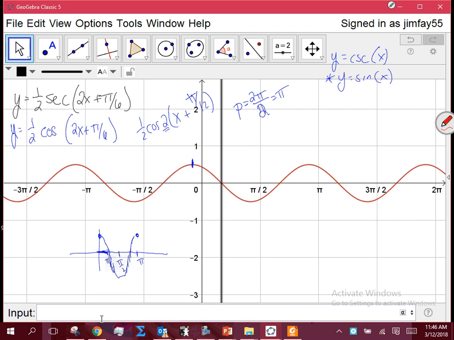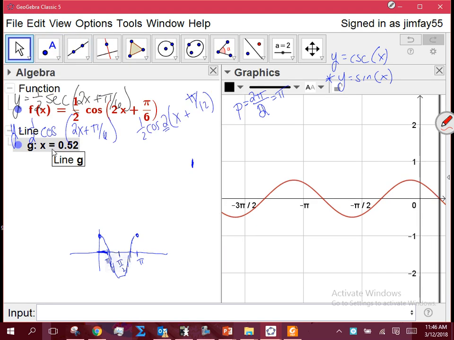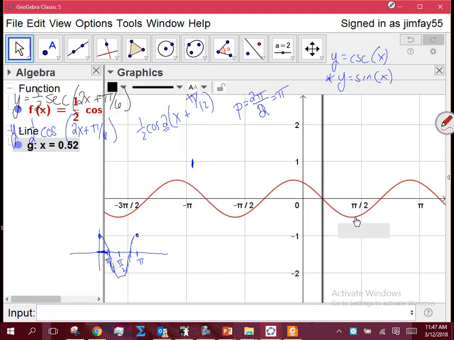And then we can take that asymptote and add to it my period. Well, I'm not going to get into that.